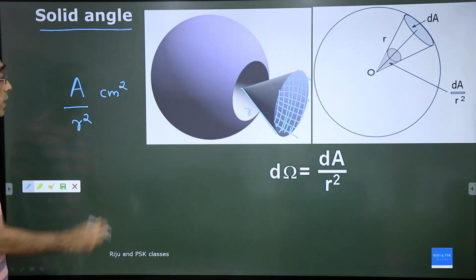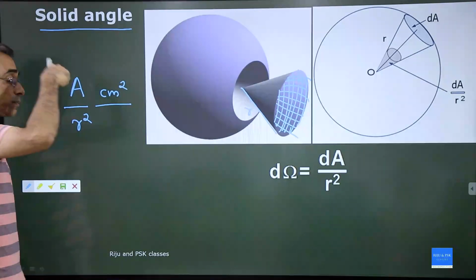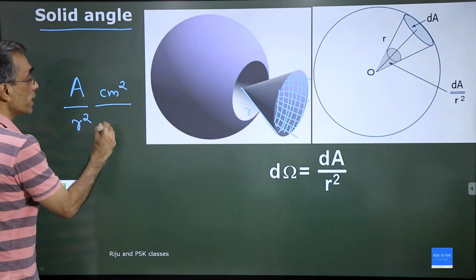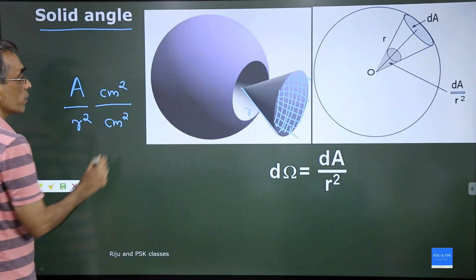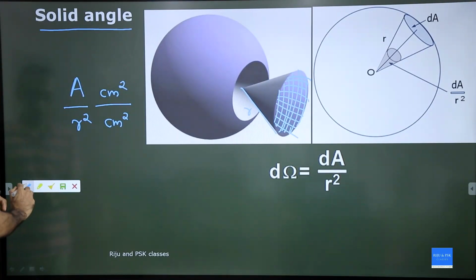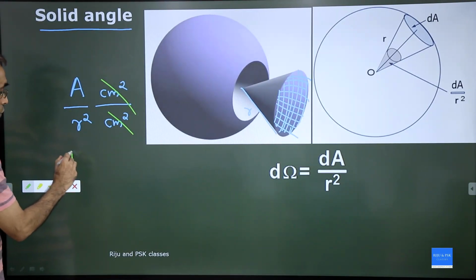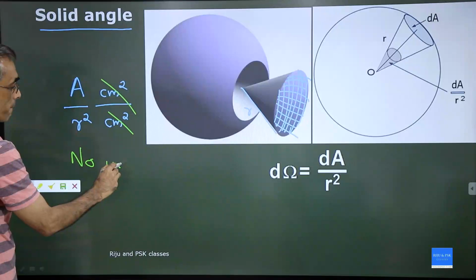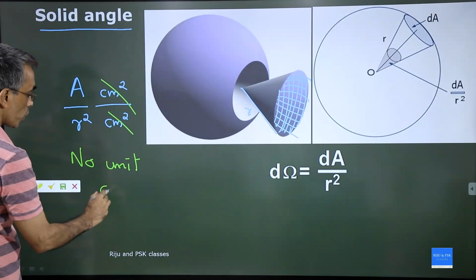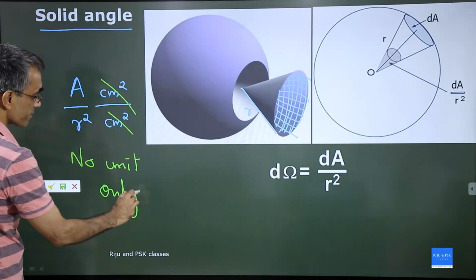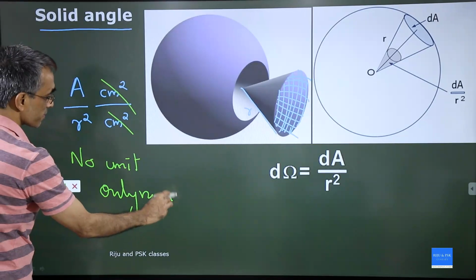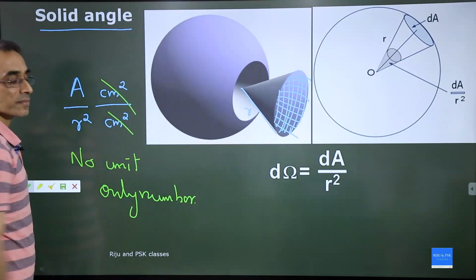Radius is measured in centimeter, but you are squaring it. So you are dividing centimeter square by centimeter square. This will cancel. So there will be no unit. Only number.